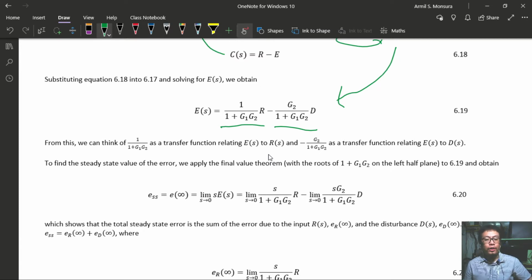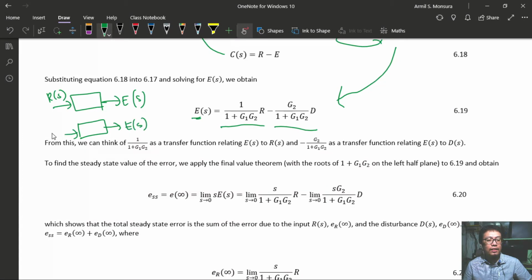What also 6.19 shows is that the error signal can be thought of as a separate system. Pwede nating tingnan itong error signal natin as actually two systems. One whose output is E(s), tapos meron siyang transfer function, and the input is R(s). Tapos another system whose output is again E(s) and the input is D(s), yung disturbance signal natin.